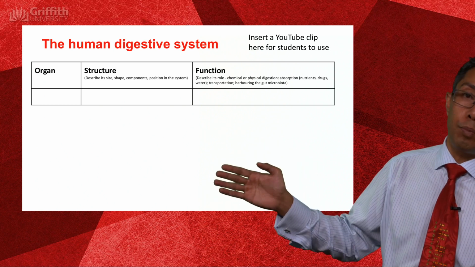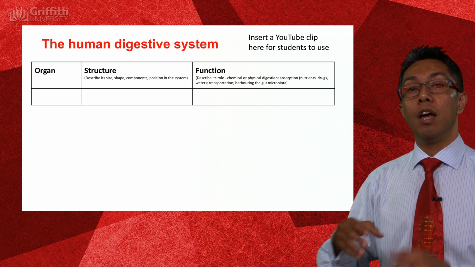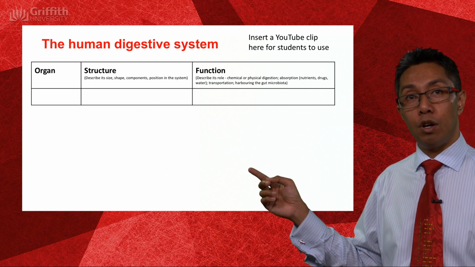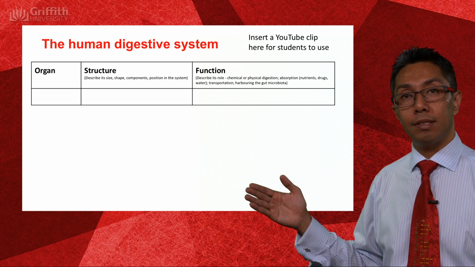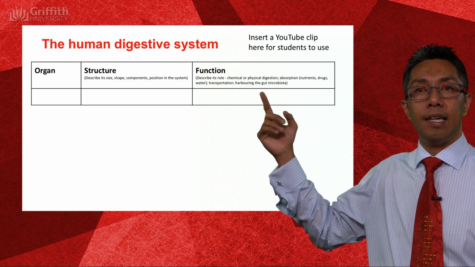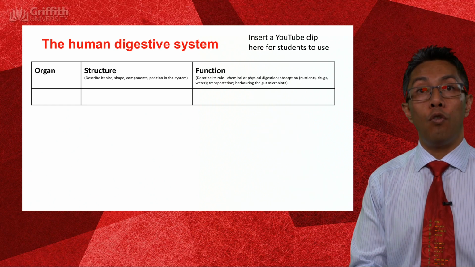Okay? Or a transportation role, or some other role, and I've listed them up here. Okay? So based upon the organs that you've listed over in the first column, describe their structures and then tell me what they do. And I've given you a bit of a hint here about the various things that you can write for the functions.